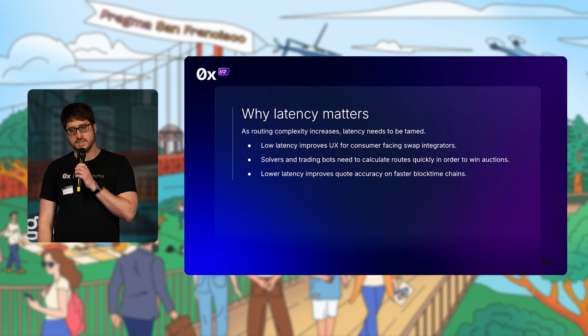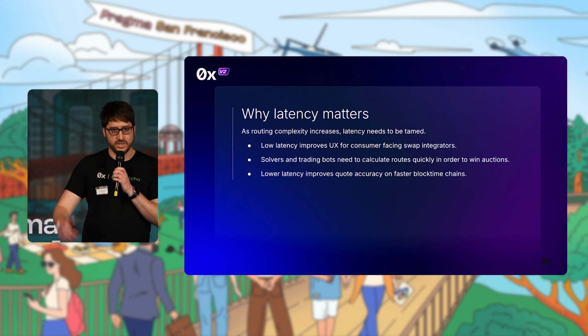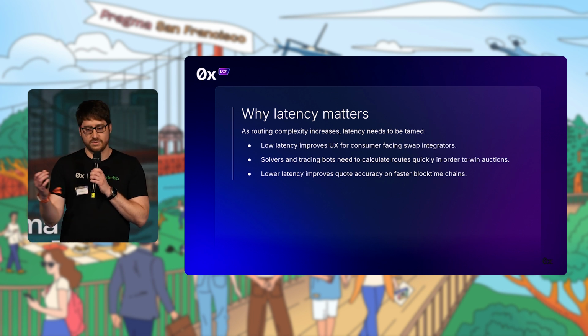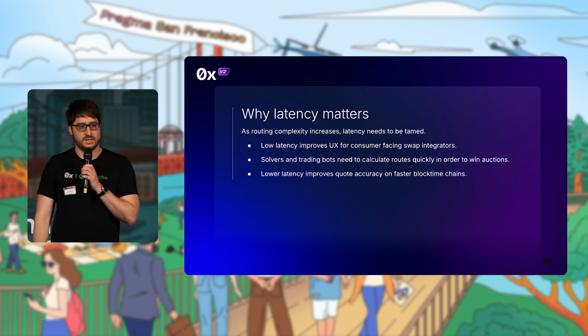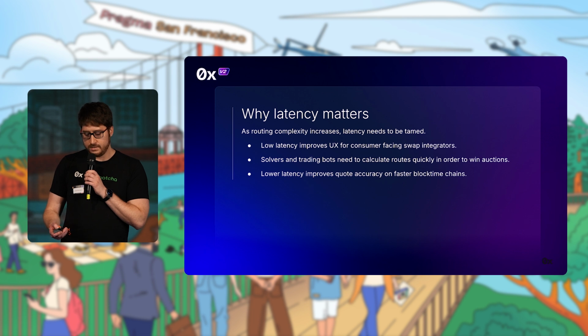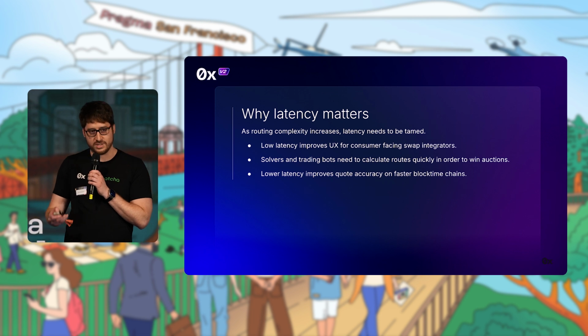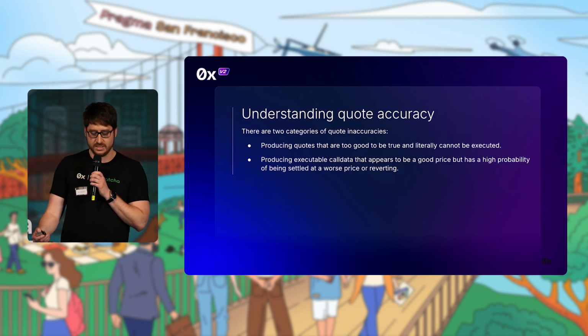If your latency gets out of control, then you might just end up with stale quotes, right? You generated a quote at block X, it's already block X plus 10, and that quote can no longer be executed. I don't think this is something that people generally think about when they think about DEX aggregation, but there is, trust me, a lot of work going on behind the scenes to make sure that latency is under control.